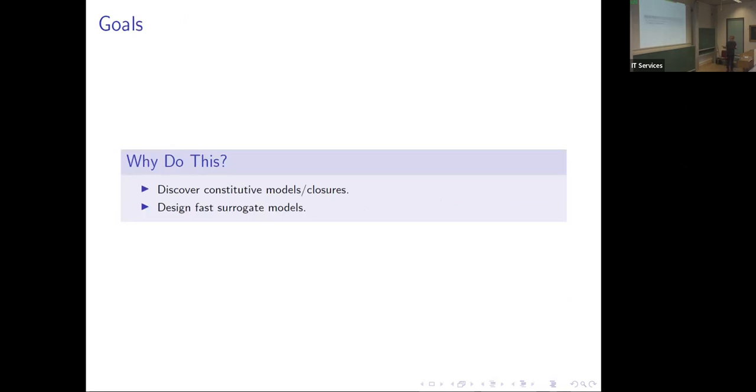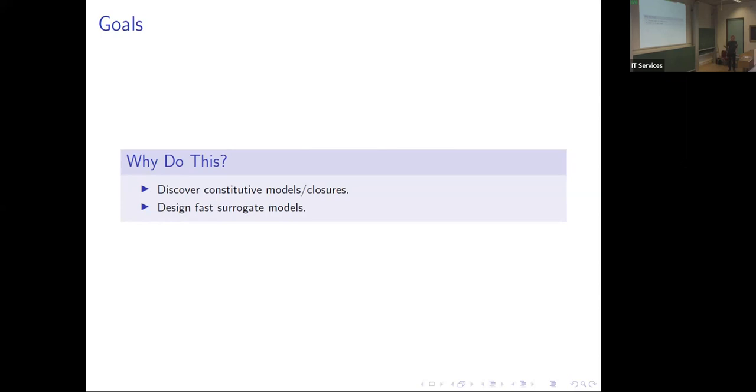So I've said why I think this is interesting, and there are many possible reasons why this might be useful in continuum mechanics, but the two that I'm focused on in my research program in general are the discovery of constitutive models. And for the most part, I've been doing this for material science problems in which there's a clear separation of scales.